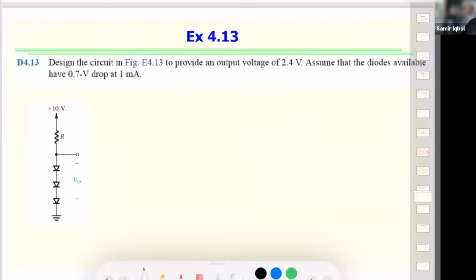When we say that's the voltage drop across every diode, we then see how we calculate the overall voltage drop, especially if they are in series. So let's take a look at this situation.